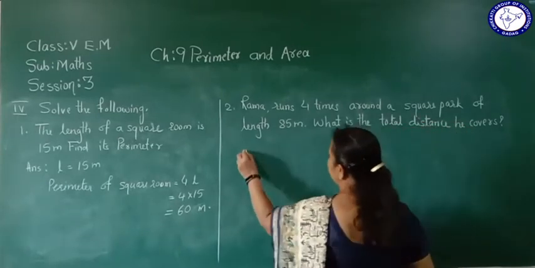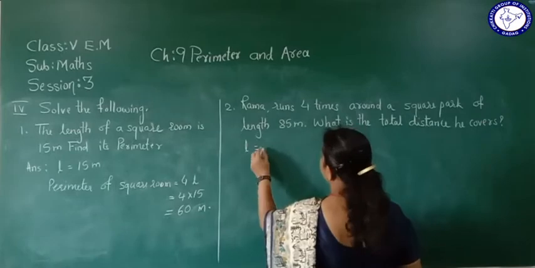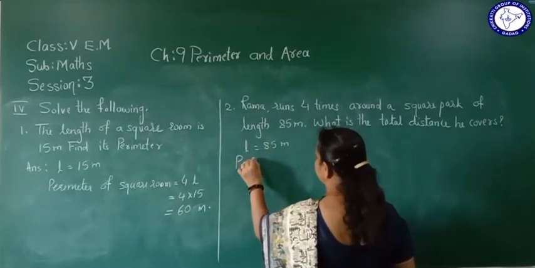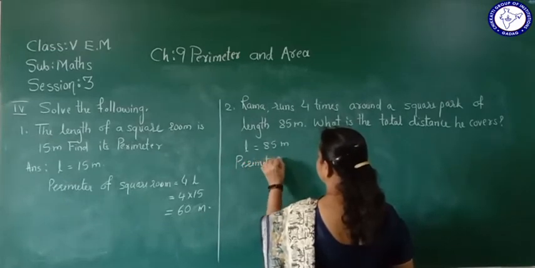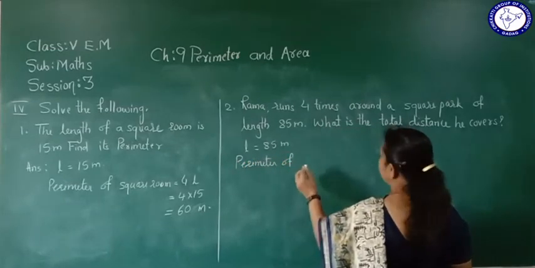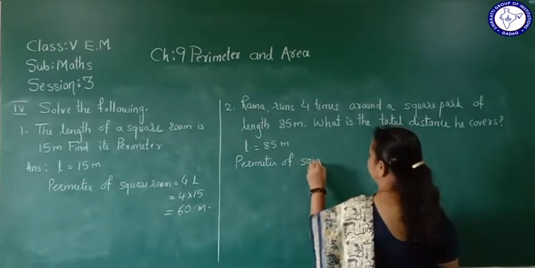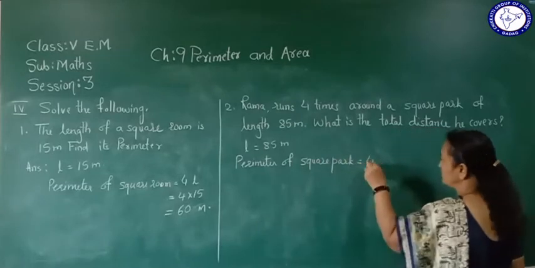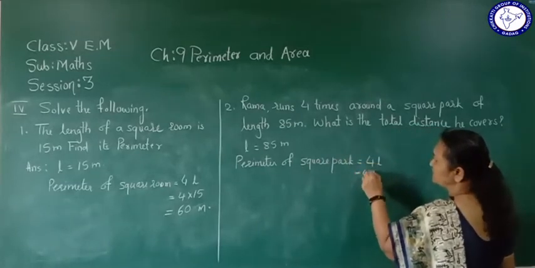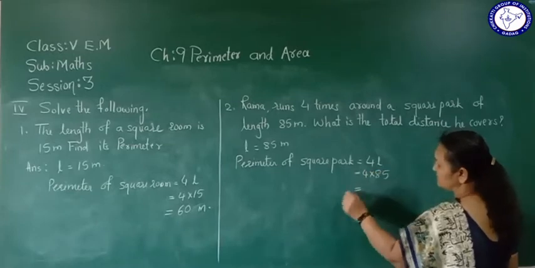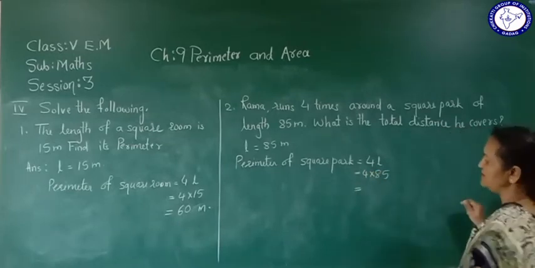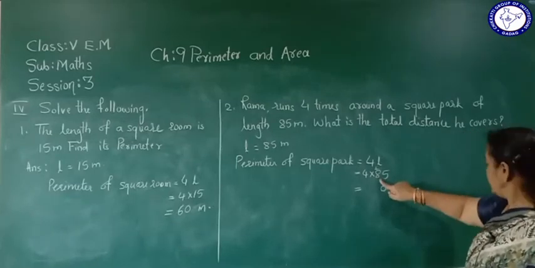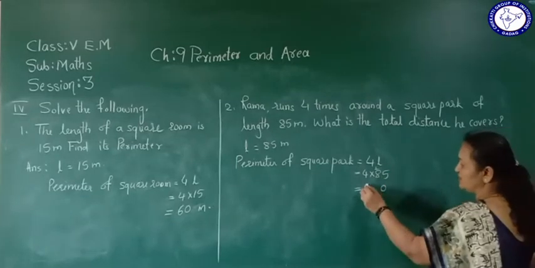So here length is given 85 meters. So here perimeter of a square park is 4L, which is equals to 4 into 85. So here 4 5s are 20, carry 2. 4 8s are 32, 32 plus 2, it is 34.